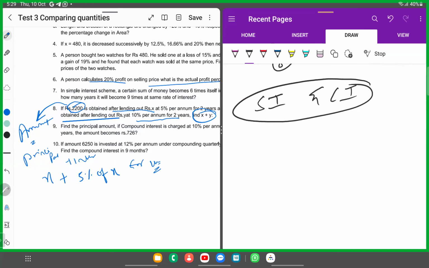The principal amount will be the same, sir, in SI. Yeah, but from this question, what did you figure out? Please go through the question. Sir, SI only, I think.